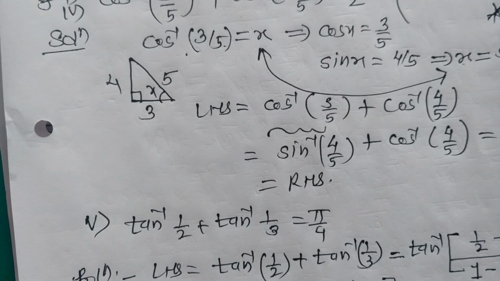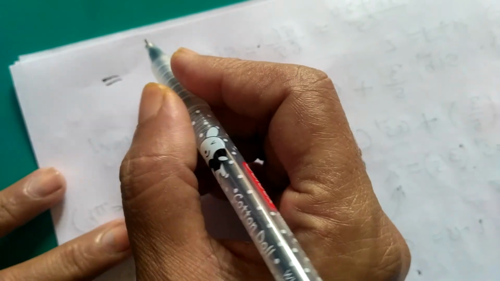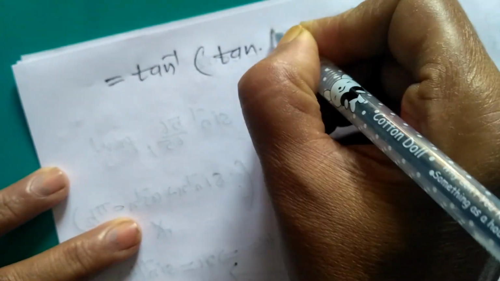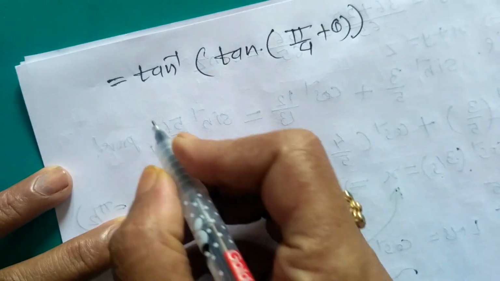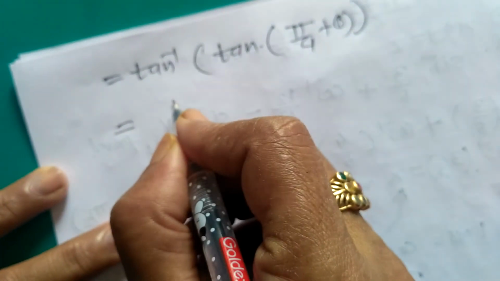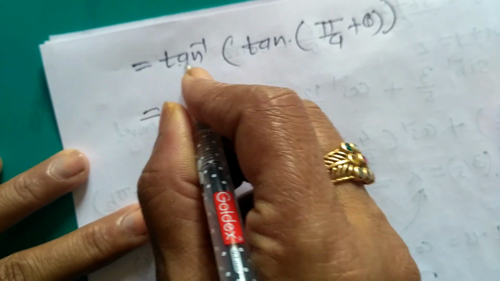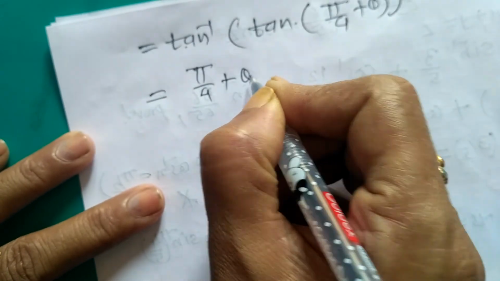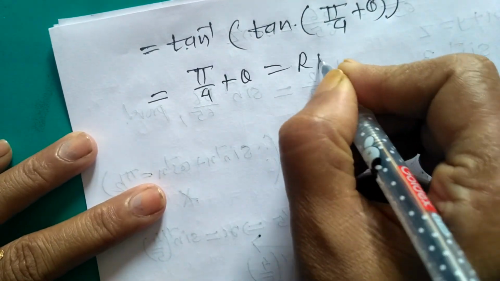So for this we can write the result as tan inverse of tan of pi by 4, numerator contains plus sign, so we write here plus. And by using the property of inverse trigonometric function, this tan inverse cancels with this tangent ratio, so we get the value pi by 4 plus theta, which is the right side.